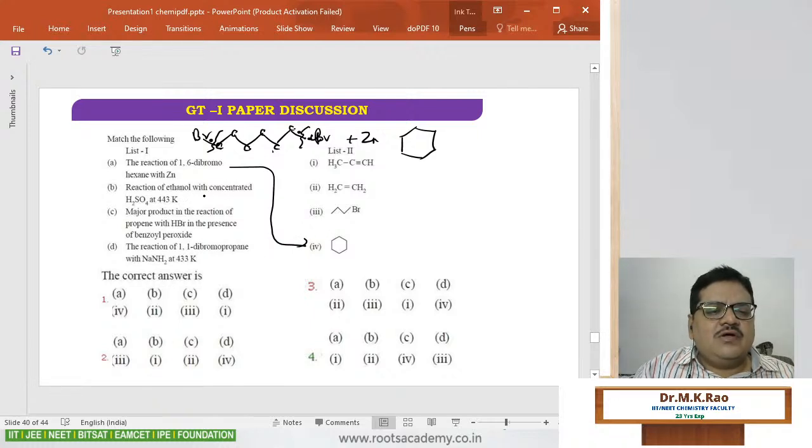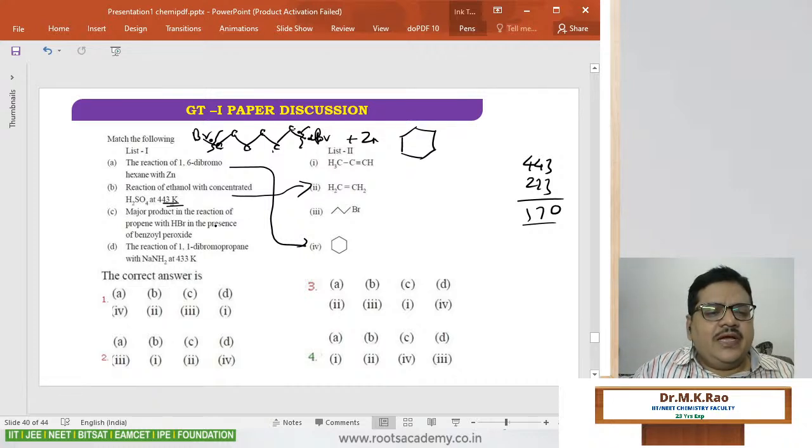Reaction of ethanol with concentrated acid at 170 degrees centigrade, 443 Kelvin. 443 minus 273 is 170. It forms ethylene gas.